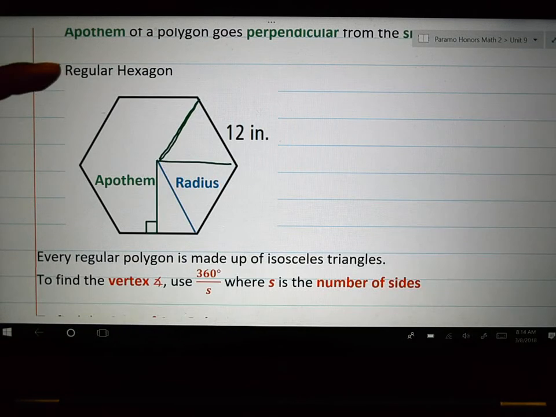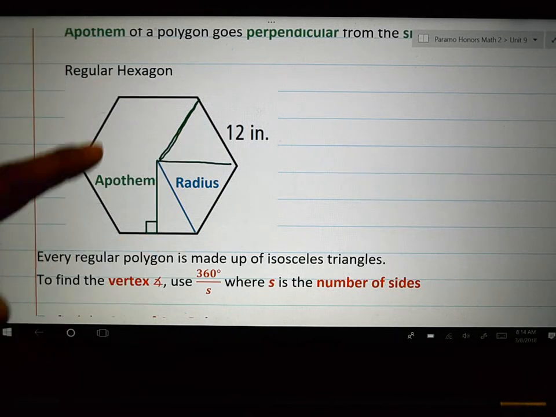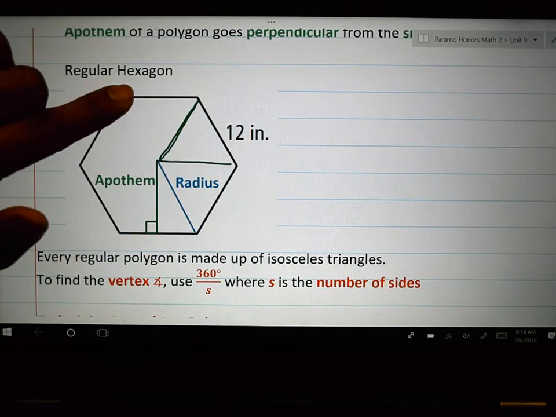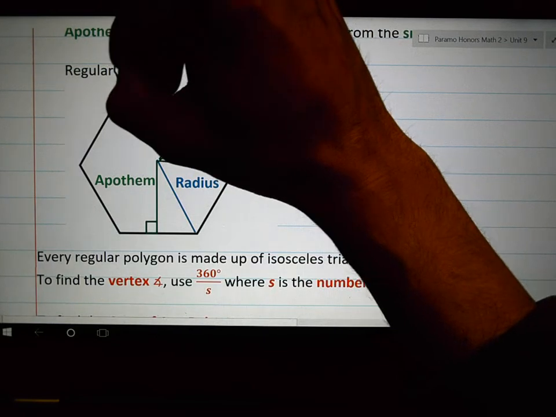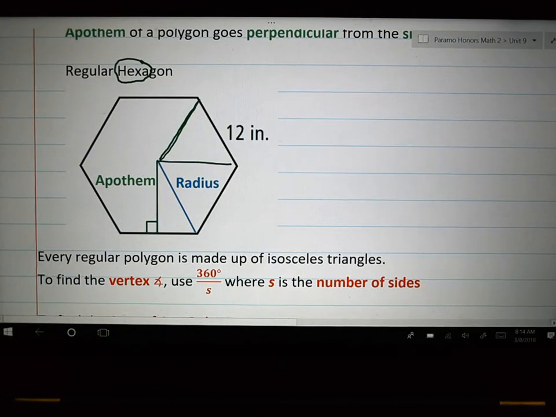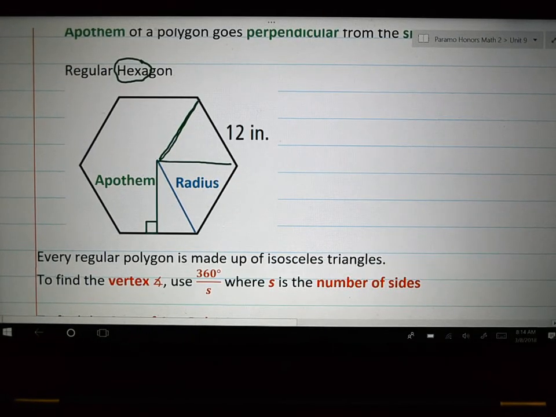So here's an example that I have for you. It's a regular hexagon, meaning it has 6 sides. You will have to know on the worksheet today the names of the polygons. Your key terminology is dealing with the prefixes. Hexagon means 6 sides.